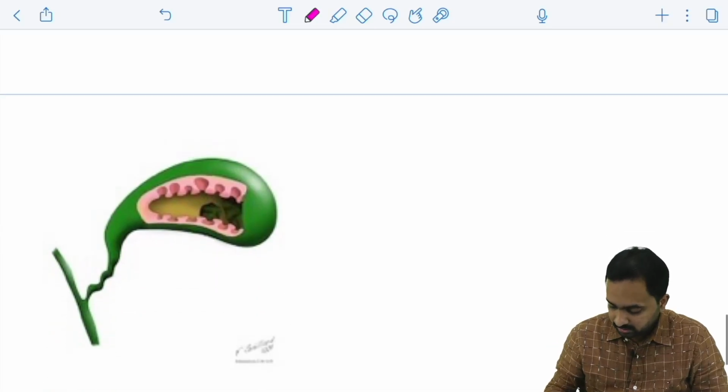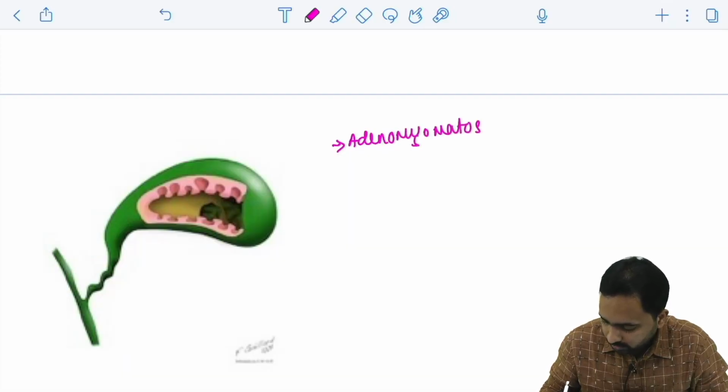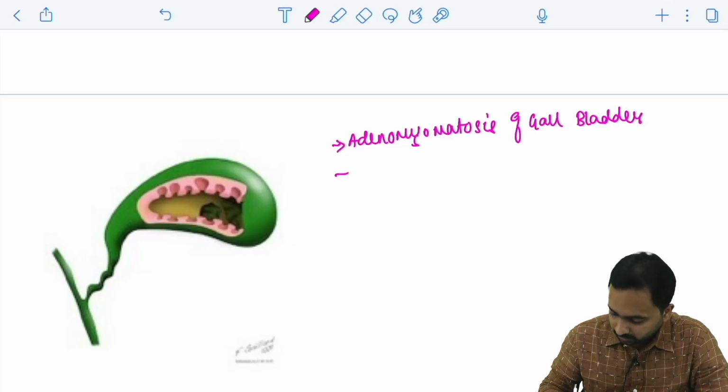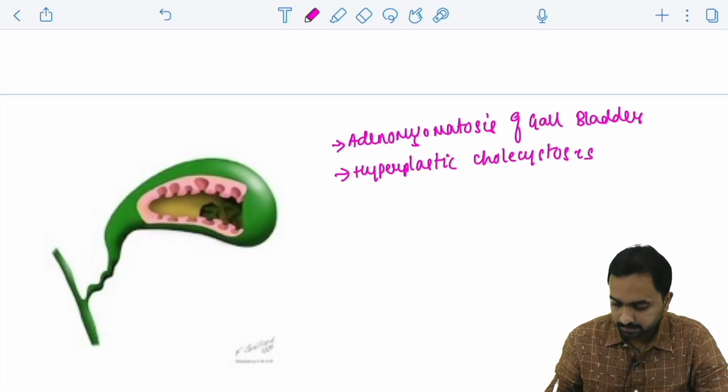My third is adenomyosis of gallbladder. Now, this is also a hyperplastic cholecystosis, right?